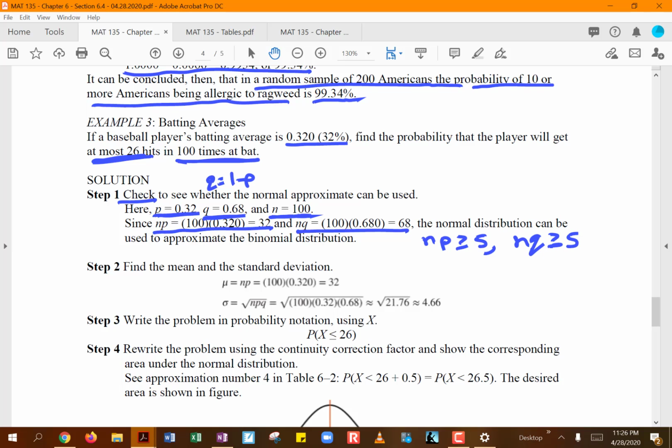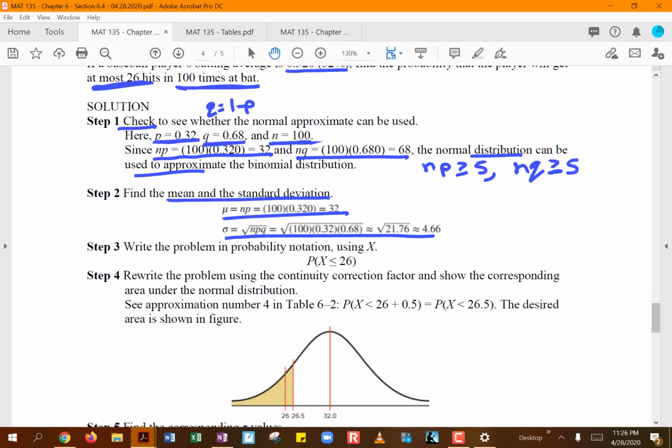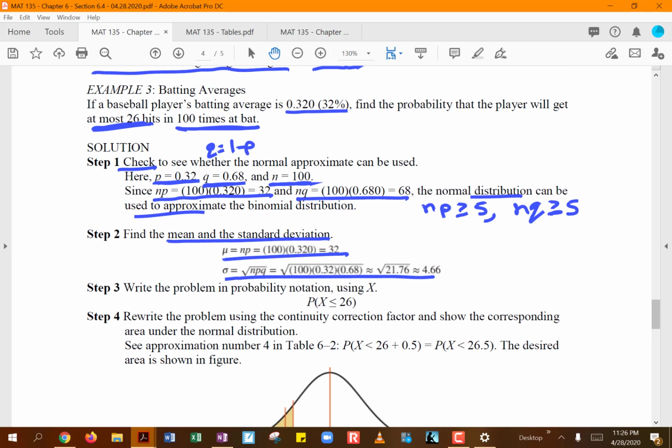So we've already got our mean calculated. Calculate the standard deviation, and in probability notation they are telling us at most, which means the maximum number of hits the player can get is 26. So of course that probability notation you are looking at is P of x being less than or equal to 26.